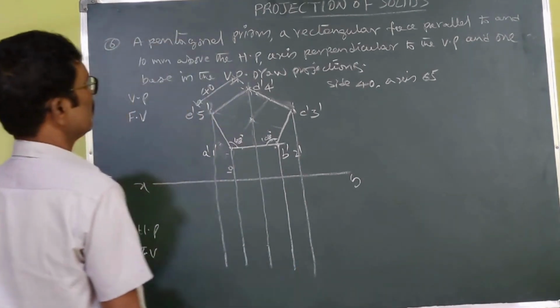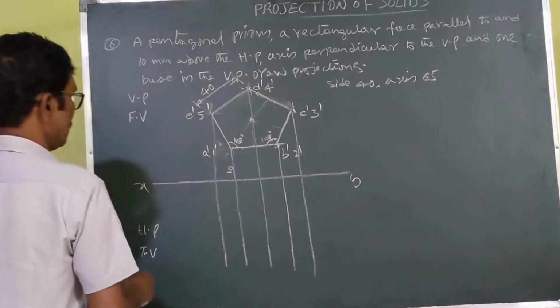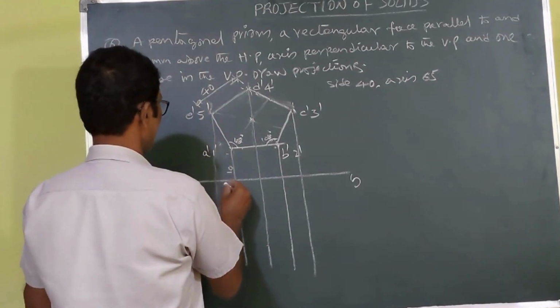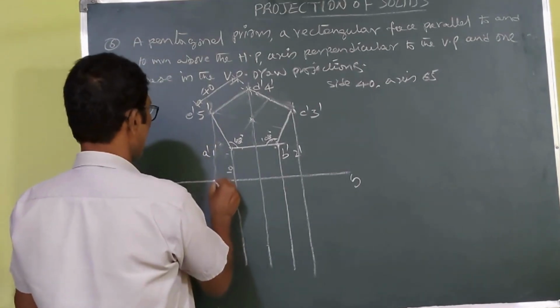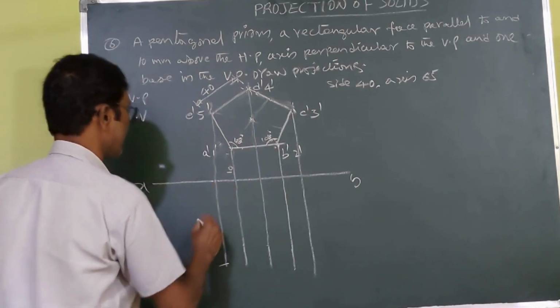Okay, now you have to develop the top view. Therefore you put the names here. From here, along the axis, length 65, from here you cut it, this line 65.